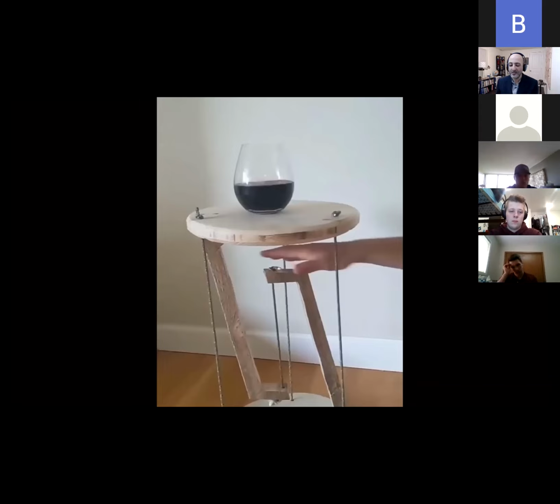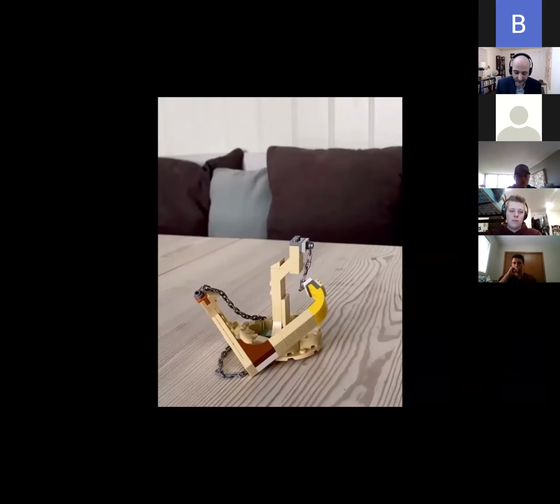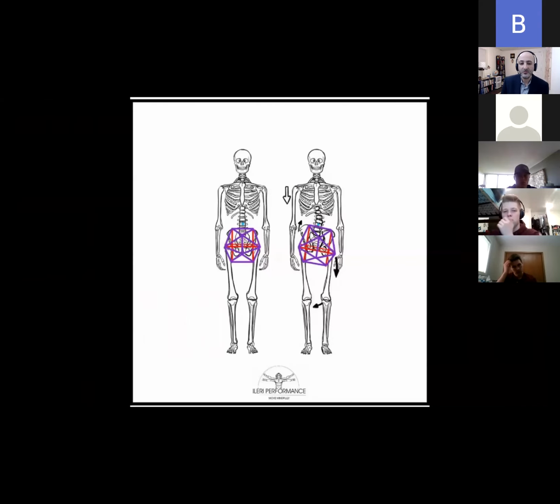All of you guys are using it right now. Everybody is carrying a tensegrity structure with them at all times. The human body is a tensegrity structure. Your bone structure takes compression.